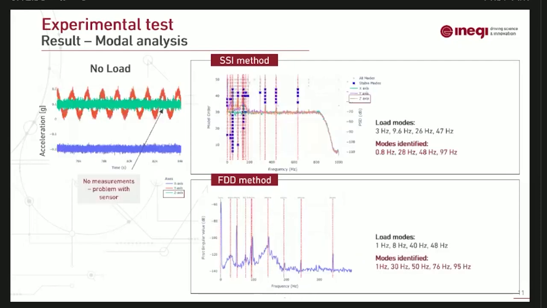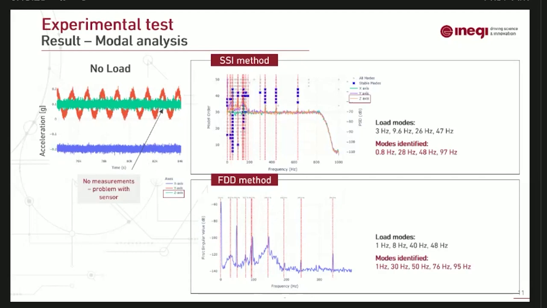Then if we see the no load, here we actually have a problem that I included as a fun fact. One of the axes stopped measuring, so what we see on that green signal is just noise. And when we see the power spectrum, which is the orange line there, we can see some spikes.